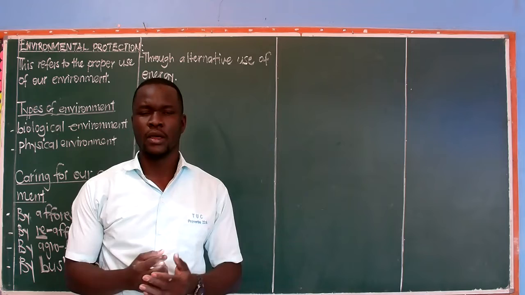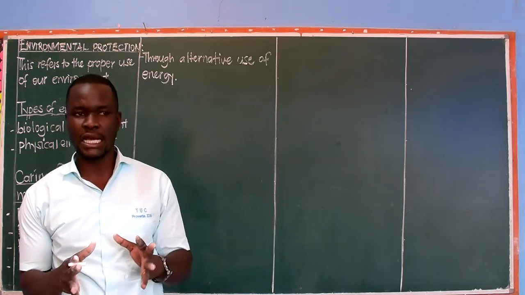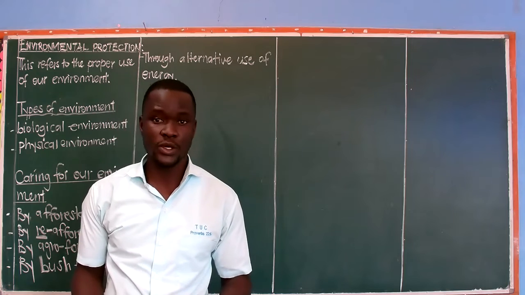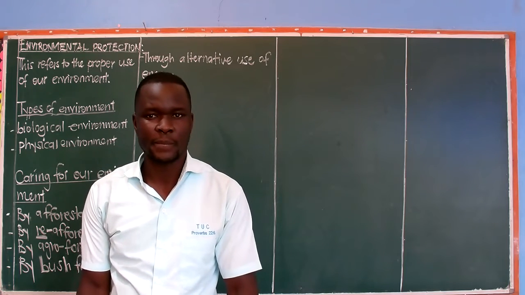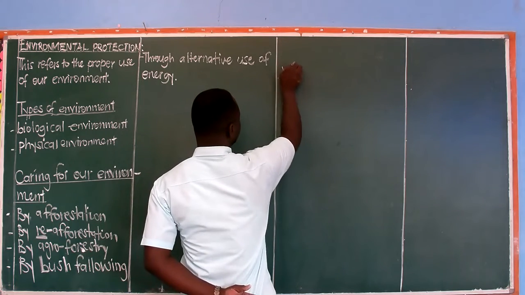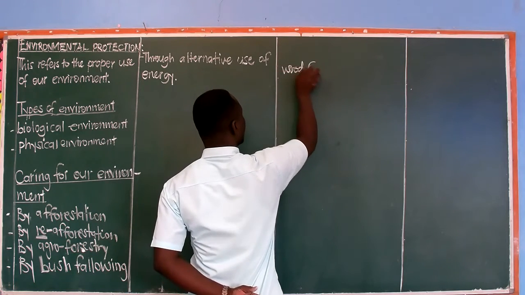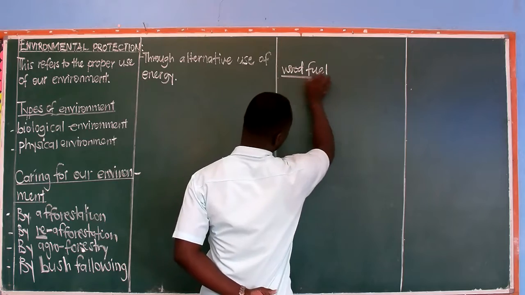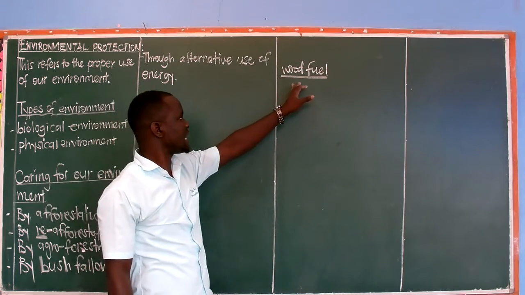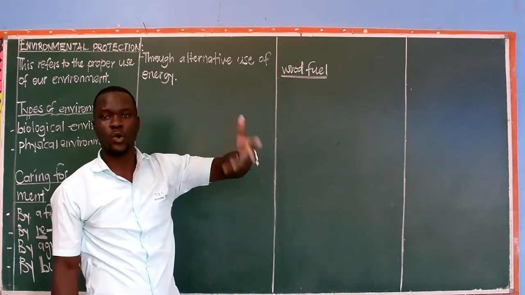For example, you will find that in most families in Uganda, people use wood fuel. What do I mean by wood fuel? We are looking at things which are used as a source of fuel, got from wood.